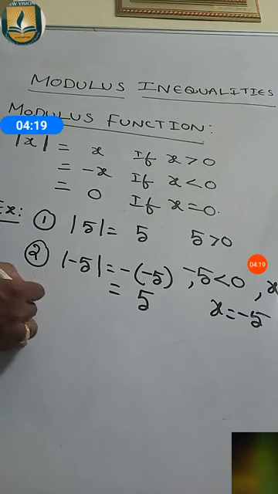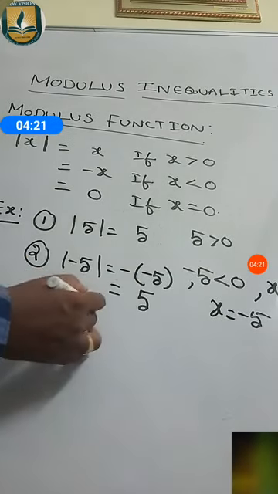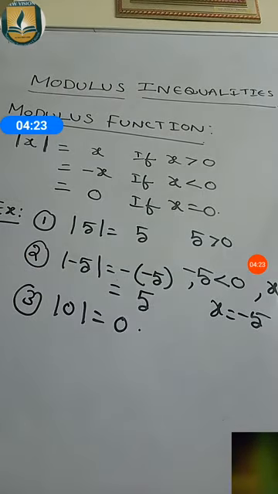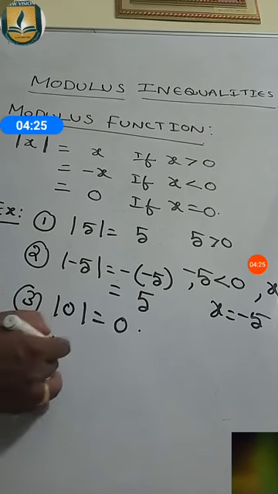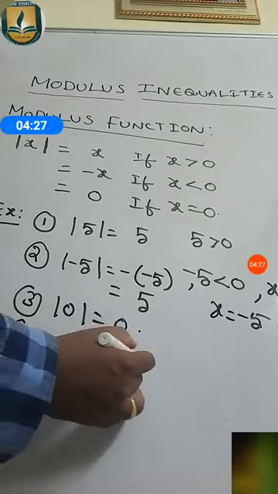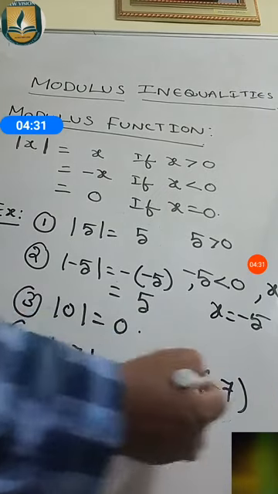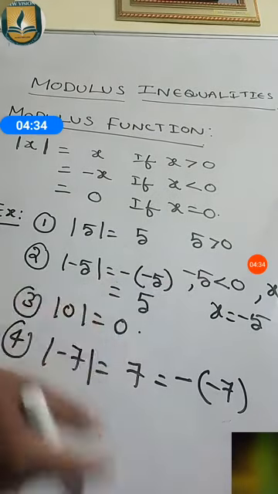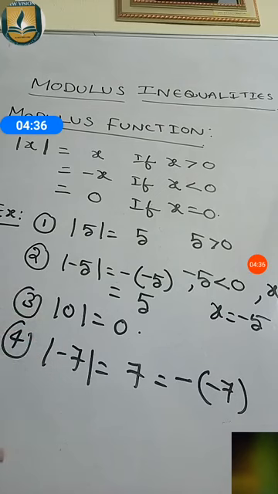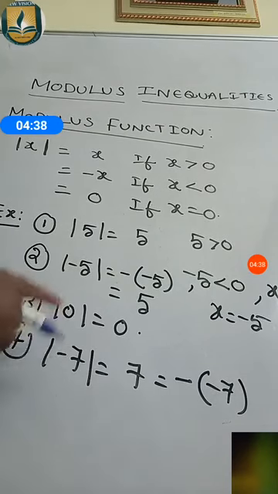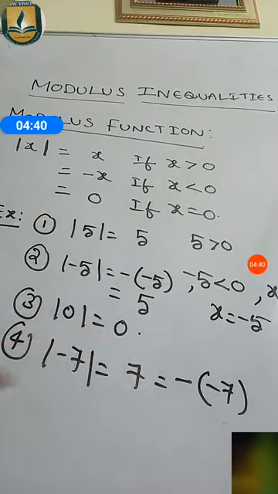And modulus of 0 is equal to 0. Number 4, modulus of minus 7 is equal to 7 only, because this is nothing but minus of minus 7, because it is minus x and x is minus 7. That's why modulus of x is equal to minus x if x is negative.